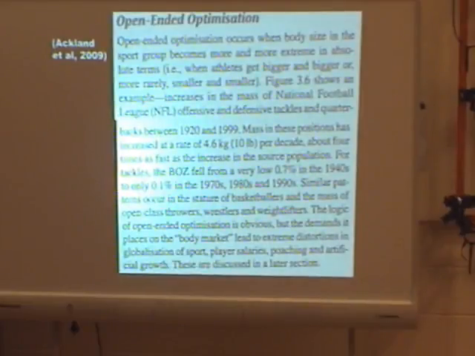So there's a couple different theories on how this optimization of your body size can go. One of the theories is called open-ended optimization. Open-ended means it can continue and continue to go further and further.